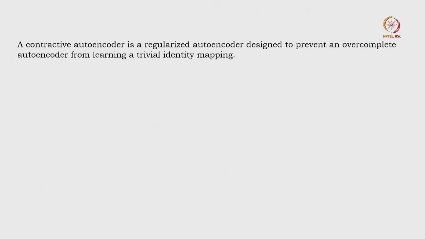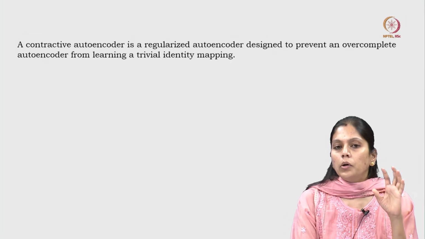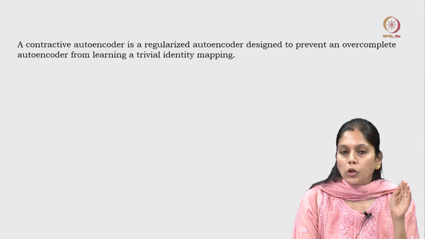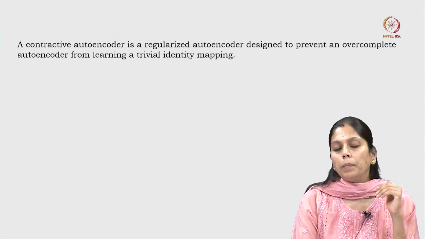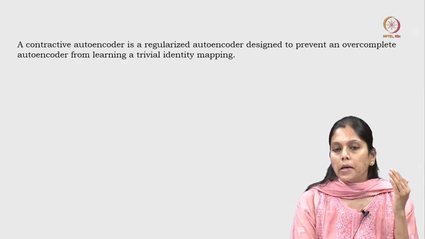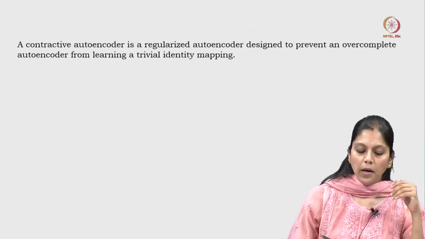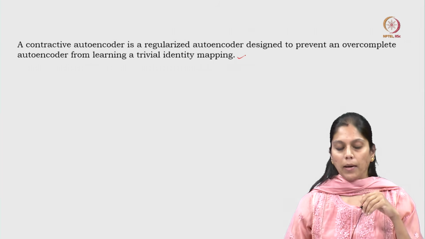If that is the case, how does it achieve it? So mainly it is responsible to prevent an overcomplete autoencoder from learning the trivial identity mapping. It is an regularized autoencoder designed to prevent an overcomplete autoencoder from learning the trivial identity mapping. How are we achieving that?